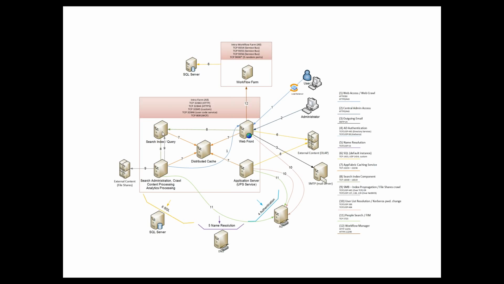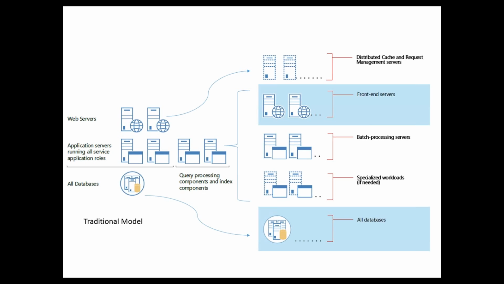And then within SharePoint, we've got things like search, distributed cache, actually 2 different search components here, an application server that's running the user profile service, and a web front end. So in SharePoint 2013, we're evolving into this concept where a lot of the servers talk to each other, but they don't necessarily fall into just a traditional hierarchical or tiered role.